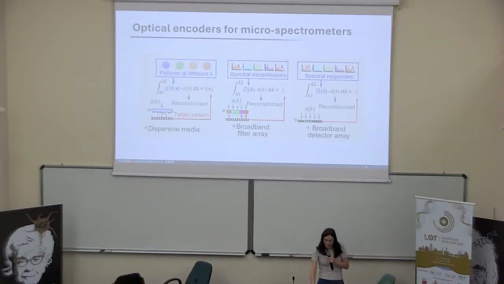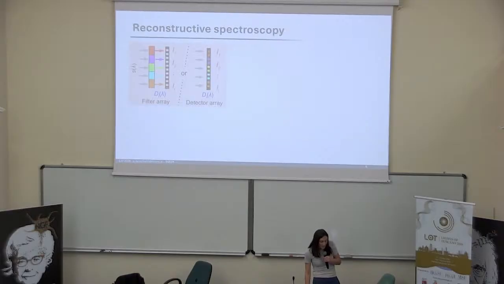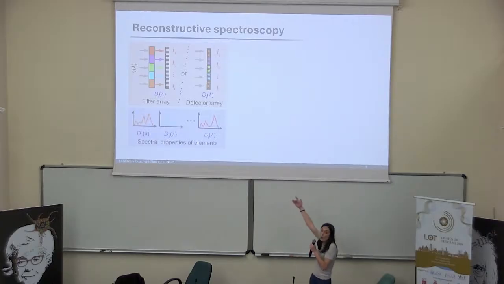So things can be quite particular, but the nice thing is that with few filter elements, by knowing very well their calibration, so their spectral response over the bandwidth of interest, it's possible with few intensity measurements. So you really need few pixels, few filters, few measurements of intensity to reconstruct a spectrum. Okay? So this is precisely the concept behind reconstructive spectroscopy.